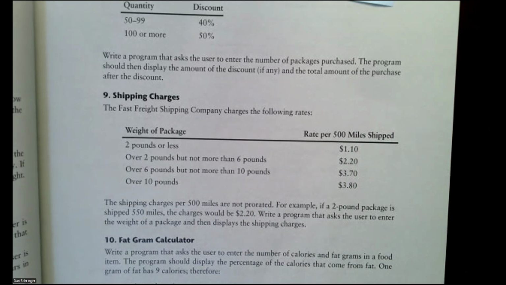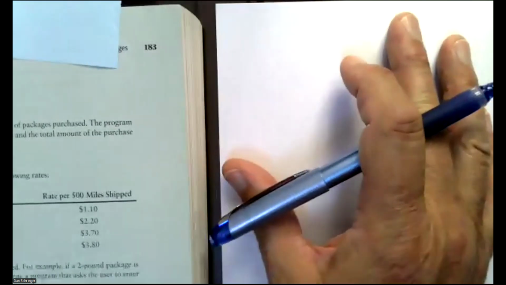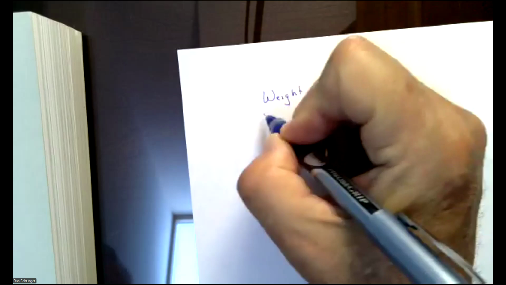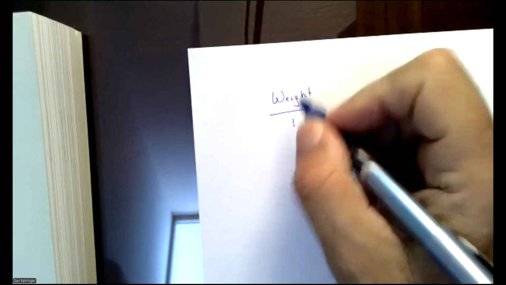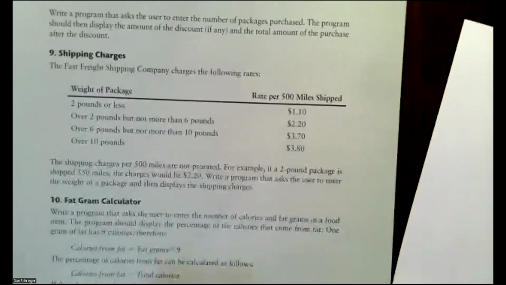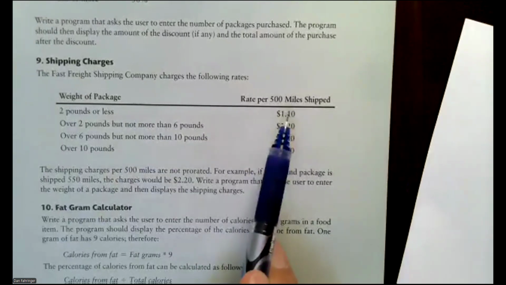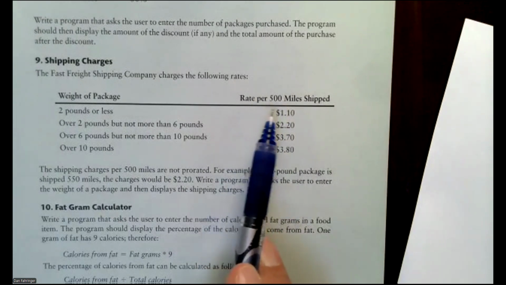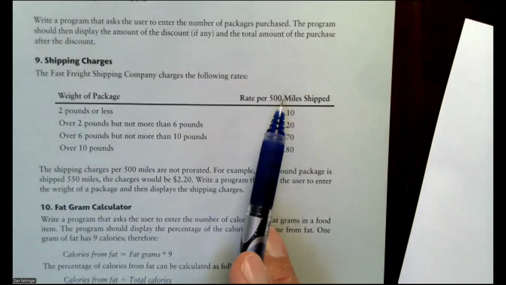So, for example, if the weight is one, it's going to hit this, but I'm going to have to also input something else, aren't I? Miles. Yeah, I'm going to have to input the miles.